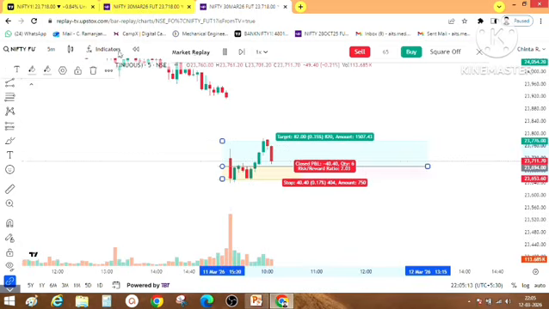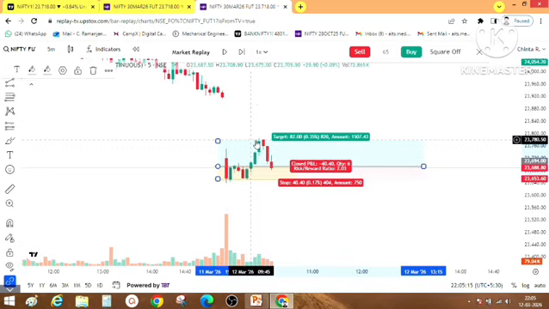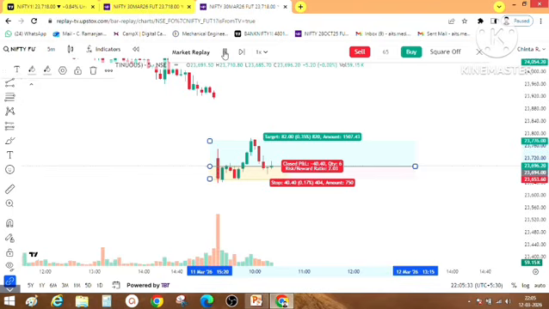Now I am playing. So here you can see our target has been achieved. So 1 is to 2 risk reward has been achieved immediately within a short period of time. Then stop the trade and you can go for your regular works with this strategy.